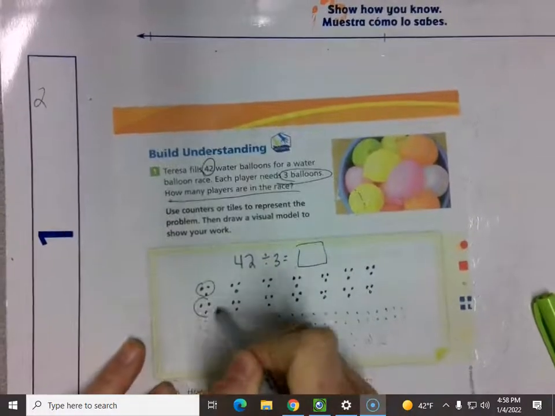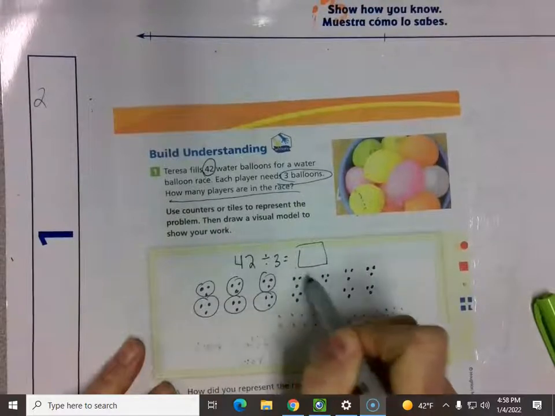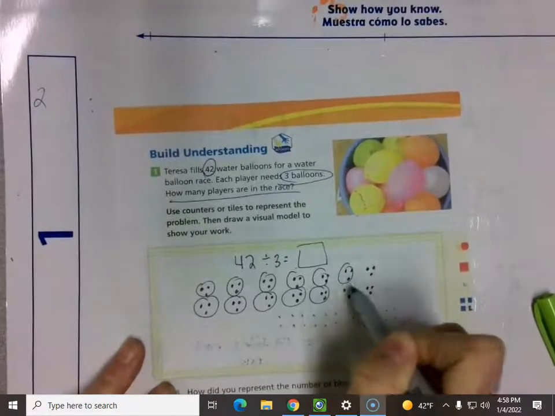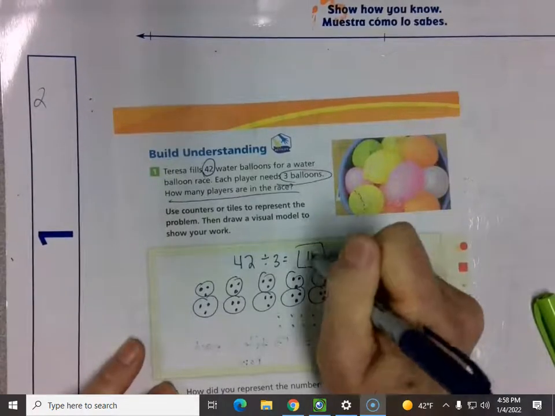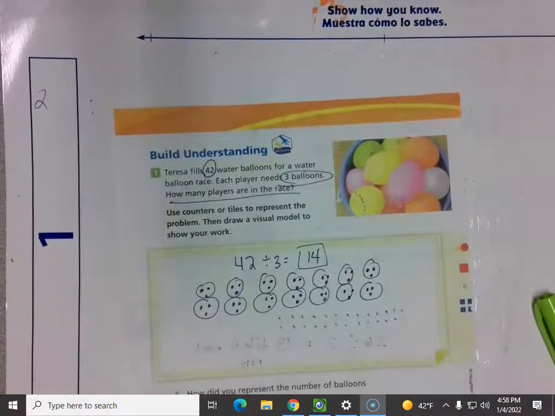So I've got 1, 2, 3, 4, 5, 6, 7, 8, 9, 10, 11, 12, 13, 14. 14 players can each get 3 balloons and play in this game.